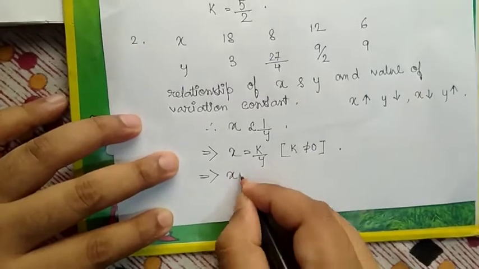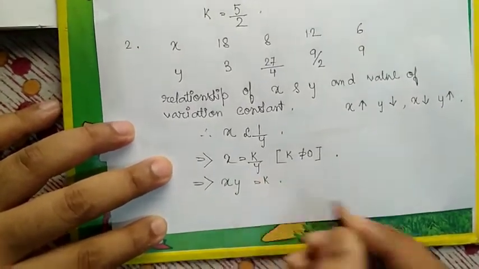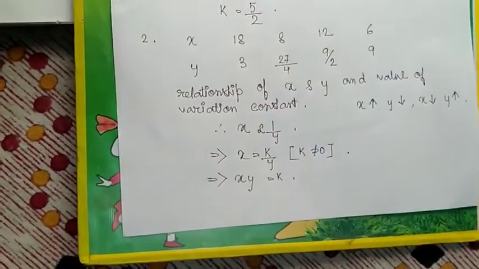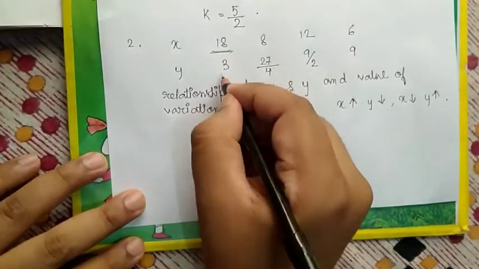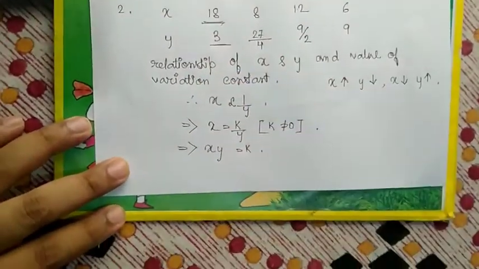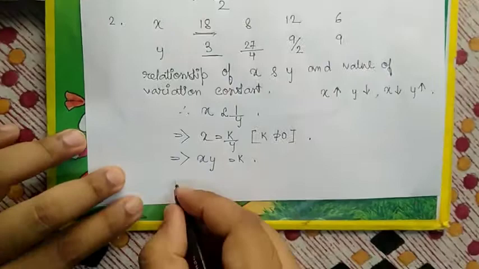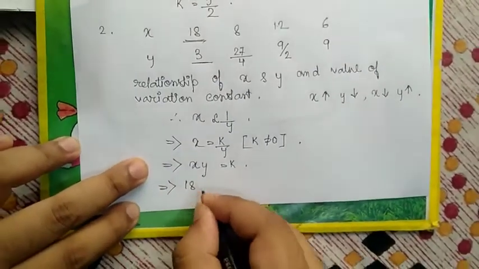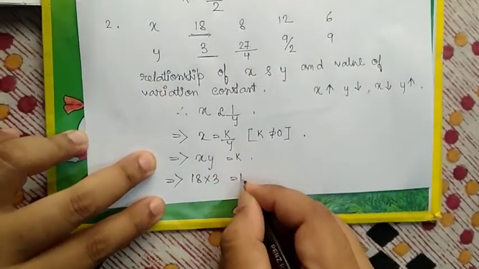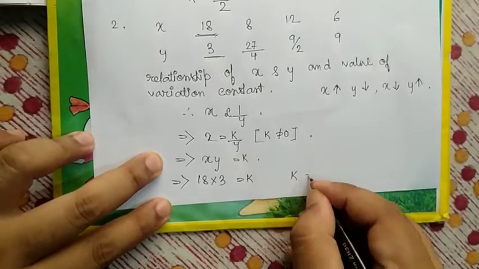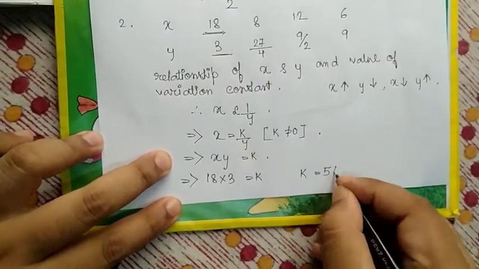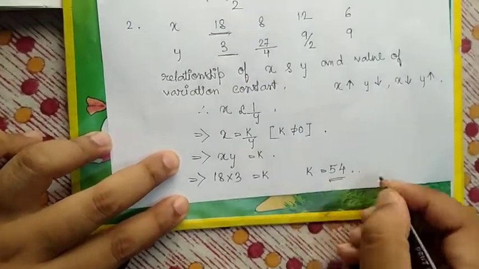So therefore xy equal to k, and the first pair, the value of x is here 18 and the value of y is here 3. So therefore 18 into 3 equal to k. The value of k is here 54.